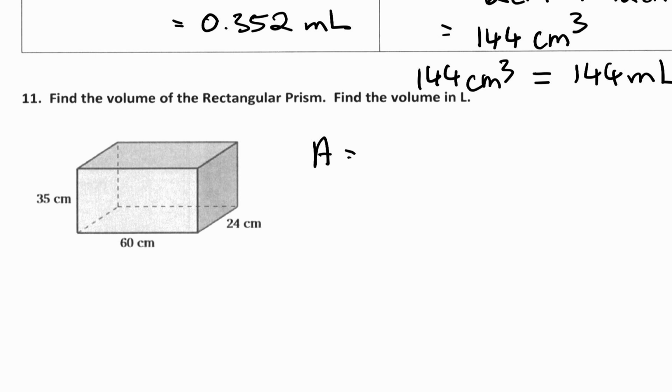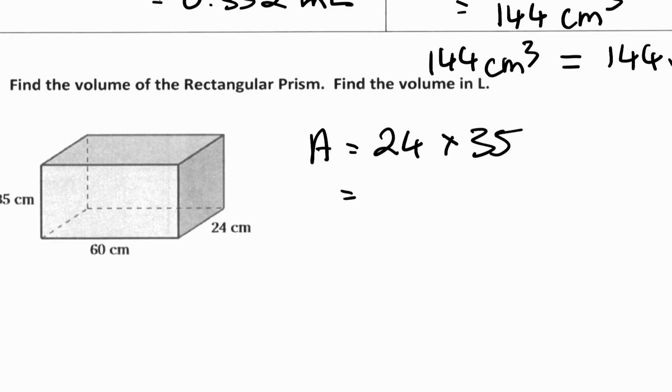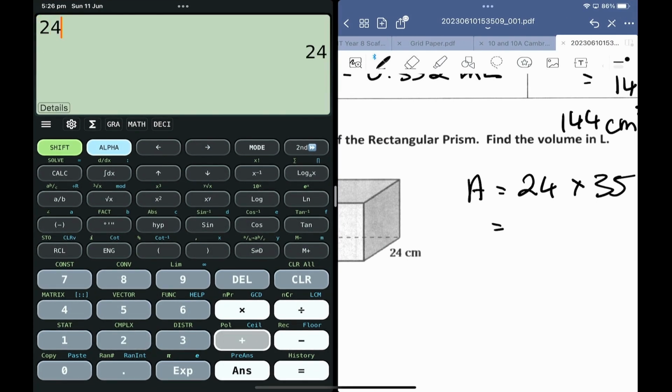So area equals 24 times 35. That will give me the area of that face, which gives me 840 centimeters squared.